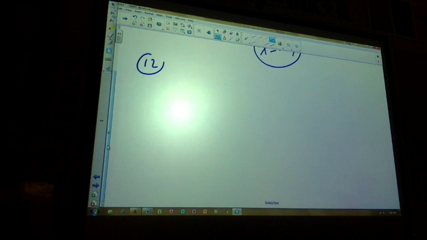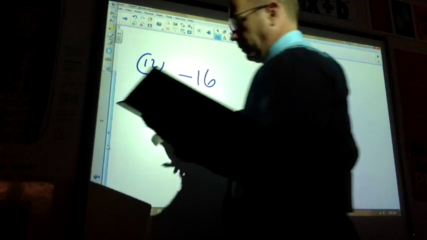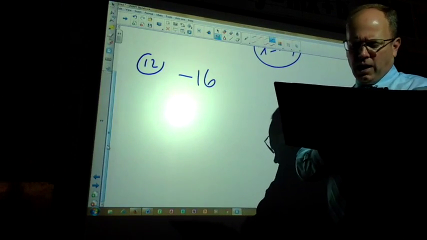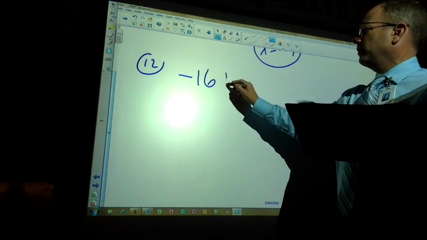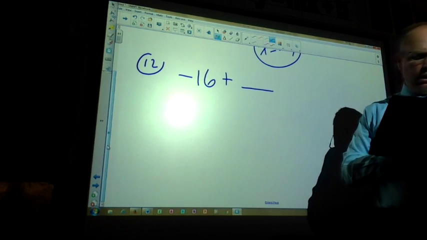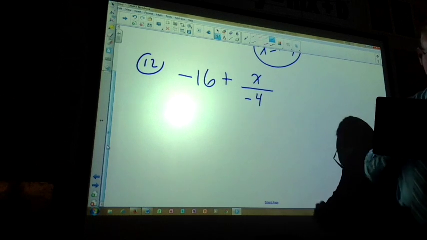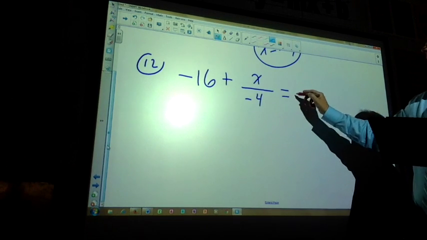Number 12 says -16 plus the quotient of a number and 4 is 3. -16 plus the quotient. What does quotient mean? Division. So it's some sort of division. It's going to be a fraction. Plus the quotient of a number and -4 is -3.